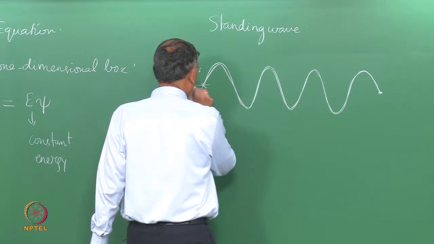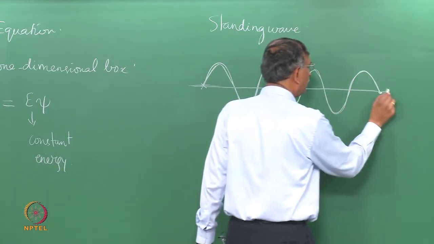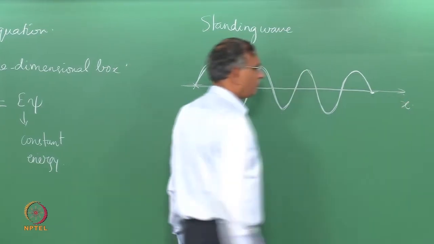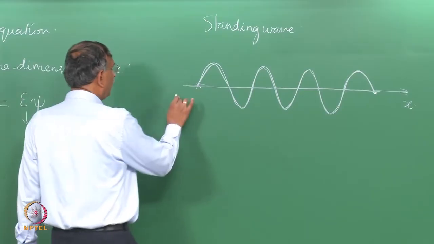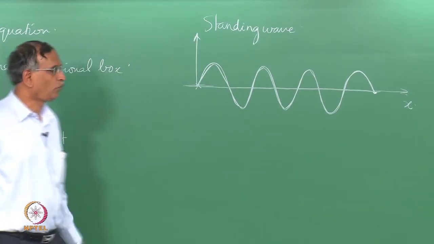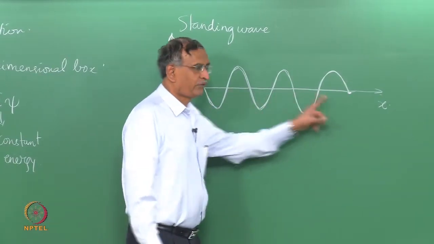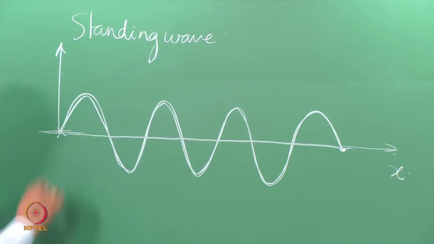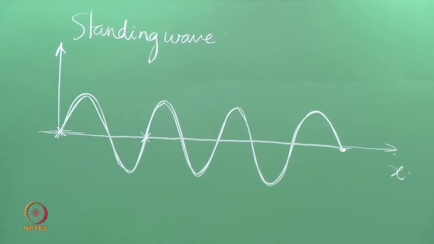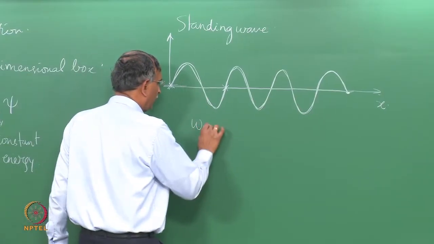So, if you want to look at the axis, this is the coordinate or the x axis that you might want to talk about, and this is the axis for the amplitude of the wave at any position x between some fixed points. Obviously, for this wave, the length of the repeating unit is called the wavelength, lambda.